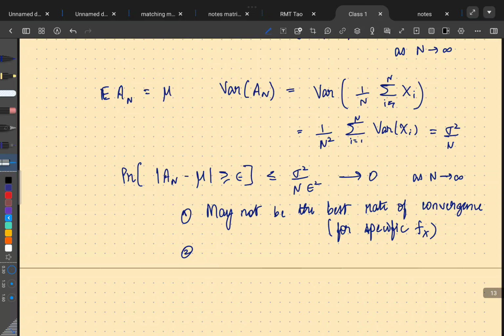In general, the weak law of large numbers holds even if sigma square is not finite. And you can generalize it even further.